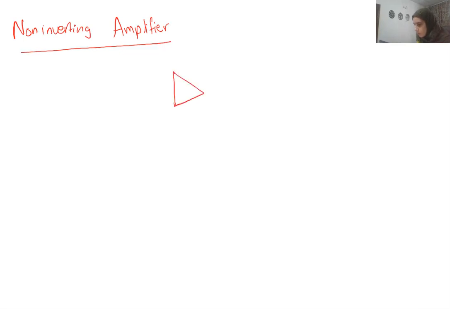We have the non-inverting amplifiers. If we look at this topology, we have the positive and the negative terminal, and the Vn.